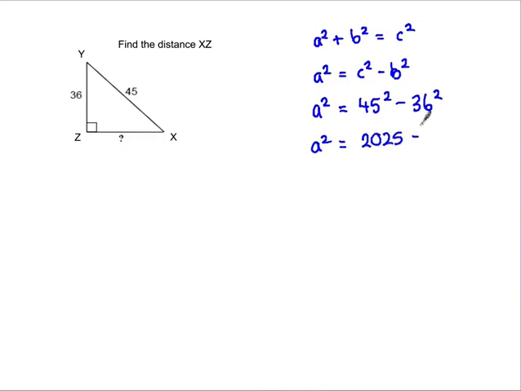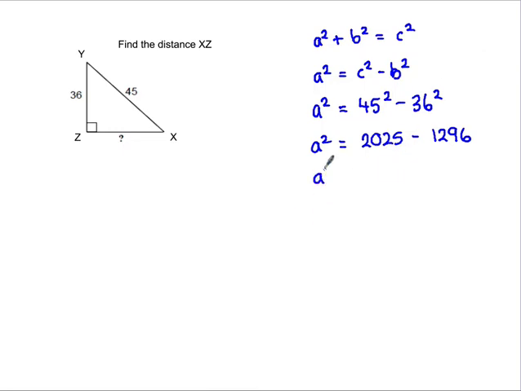And take away 36 squared from that, which is 1296. Now you'll know if you've done c and b the wrong way round, because you'll end up with a negative number, which isn't going to work for you. So now 2025, take away 1296, gives us 729.